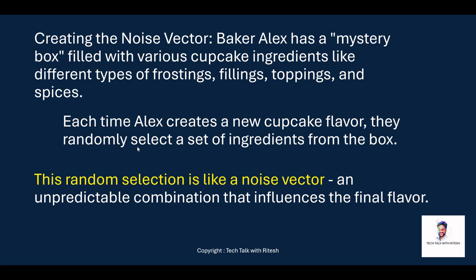Each time Alex creates a new cupcake flavor, they randomly select a set of ingredients from the box. You see this, we are selecting randomly. Likewise, we have the noise vector, that is 0, 0.5, all those numeric values, right? This random selection is like a noise vector. And what is happening with this noise vector? We are getting different final outcomes, different flavors, right? So an unpredictable combination that influences the final flavor.